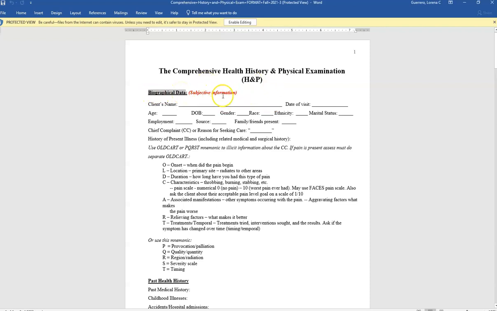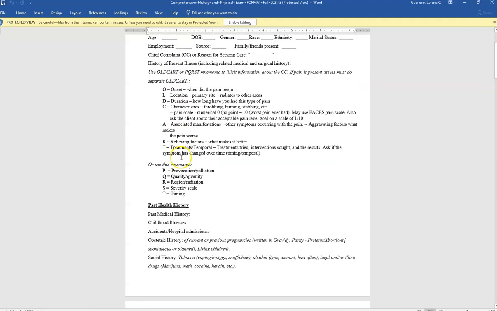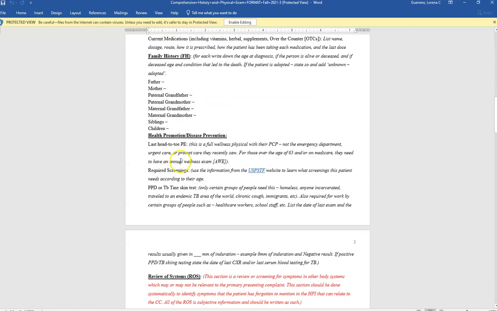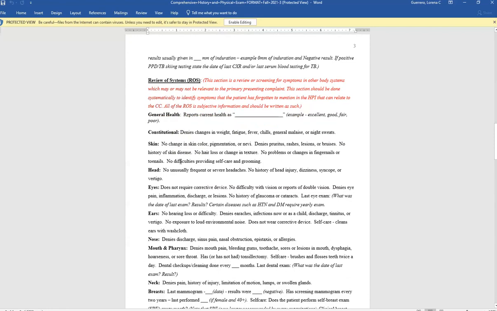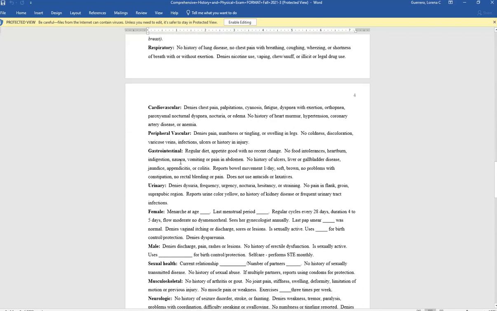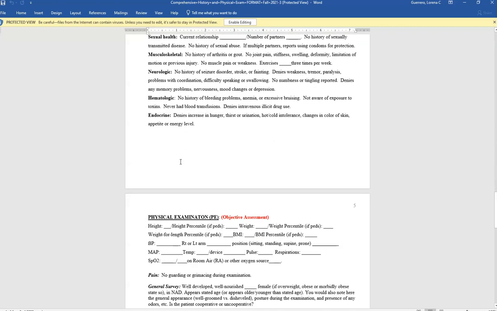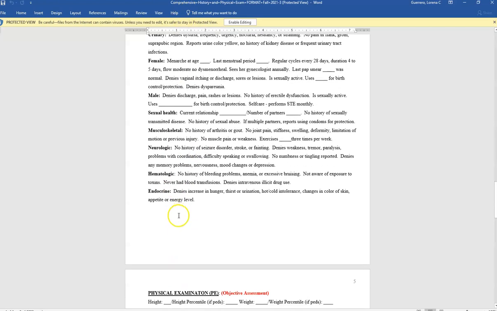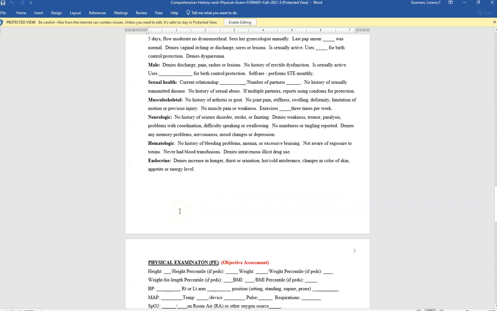And I want you to realize that this right here is subjective information. Everything from here, and I'm going to keep scrolling all the way down, the very last part being the review of systems, all of that, what you just saw, was part of the subjective information.